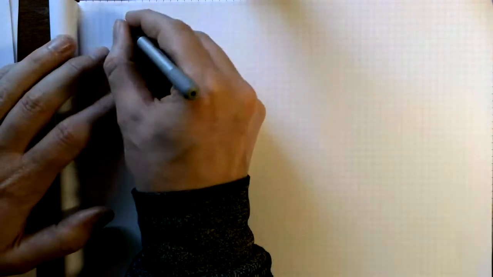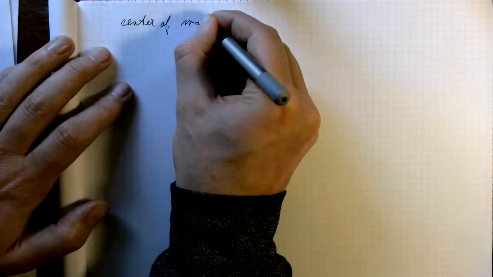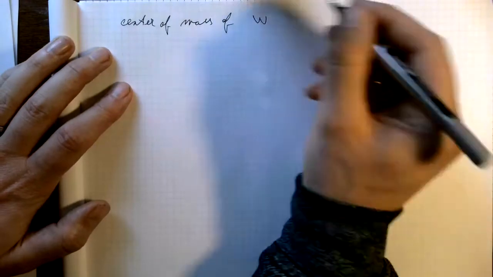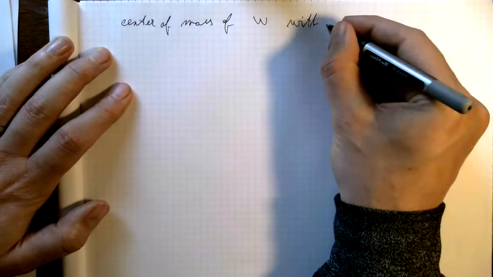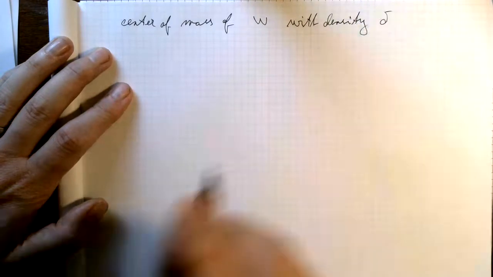So what is the center of mass of W with density delta? What is that?